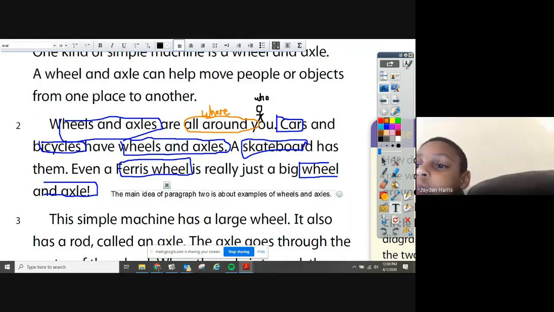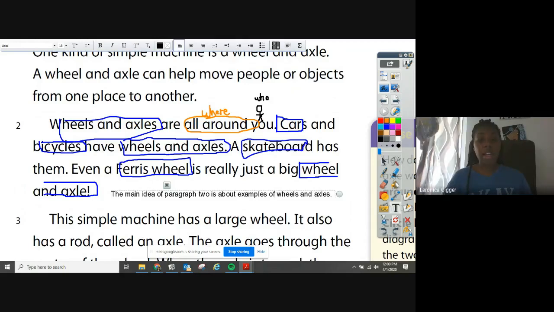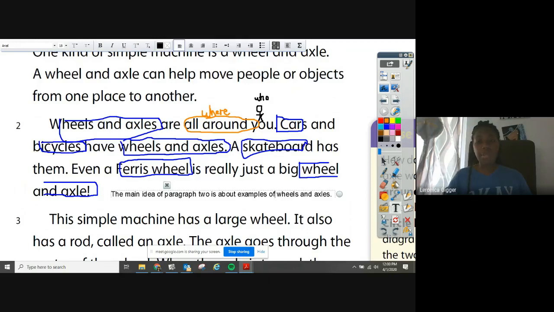Skateboard. Skateboard and Ferris wheel. All right. Martha, give me an example of a wheel and axle from paragraph 2. A bicycle. All right, Jaden, give me an example. Ferris wheel. All right, thank you.